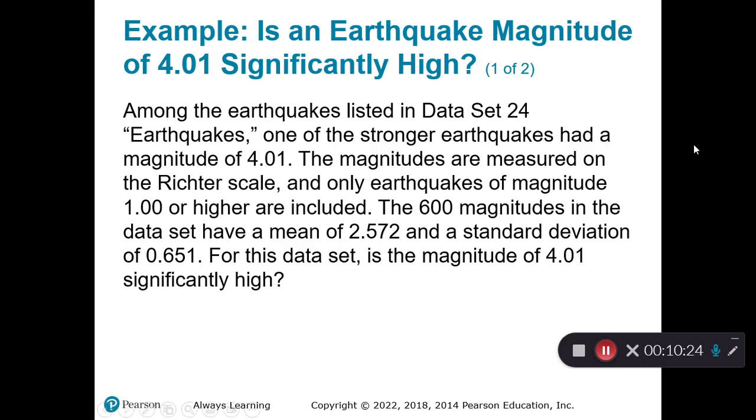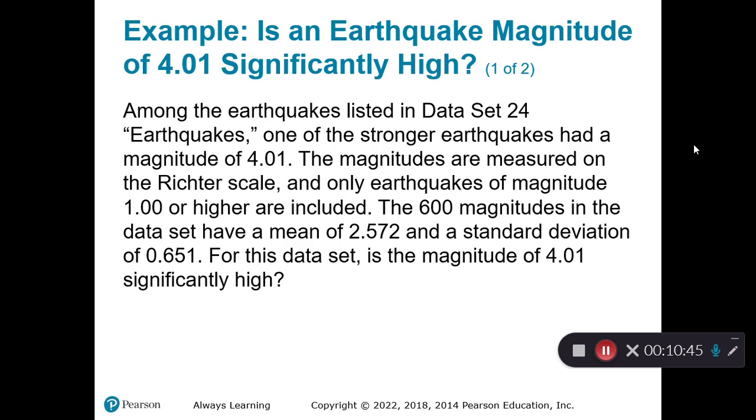Let's look at another example here. Among the earthquakes listed in dataset 24 in your ebook, one of the stronger earthquakes had a magnitude of 4.01. The magnitudes are measured on a Richter scale, and only earthquakes of magnitude 1.00 or higher are included.